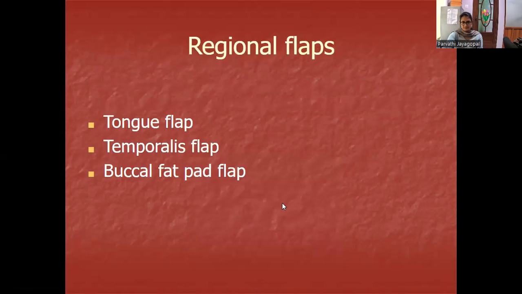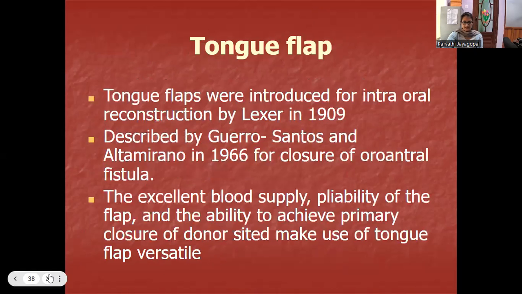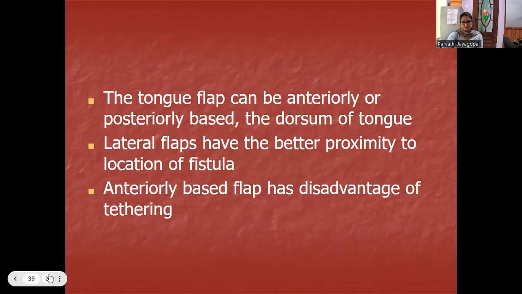Coming to other regional flaps. Regional flaps are tongue flap, temporalis flap, and buccal flap. The tongue flap was introduced for intraoral reconstruction by Lexer, and it has excellent blood supply, which is a pliable flap, and the ability to achieve primary closure of the donor site makes it a very versatile flap.